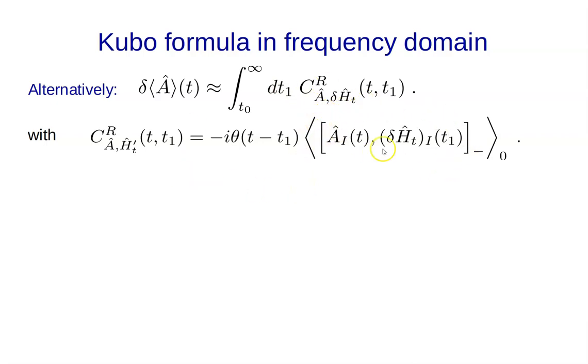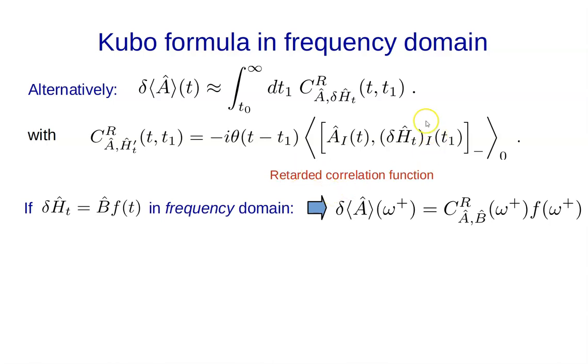More interestingly, and as we discussed in that previous class, correlation functions of that sort usually depend on the difference between t and t1. So we can take the Fourier transform of those correlation functions, and this would be very, very important and useful, especially if my perturbation delta H, which might, as it's indicated here, depend explicitly on time, is written in this form, which is an operator times a function, right?